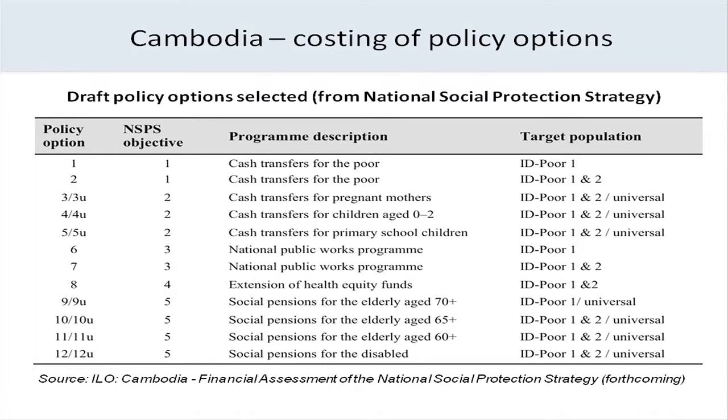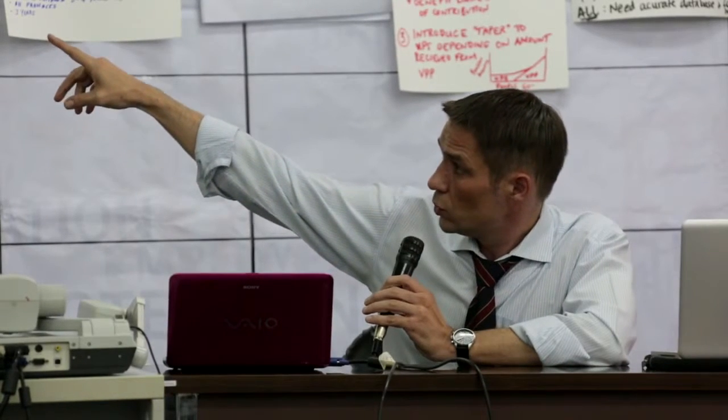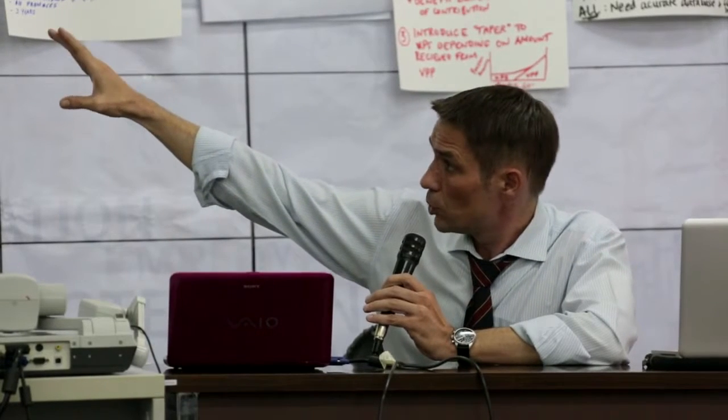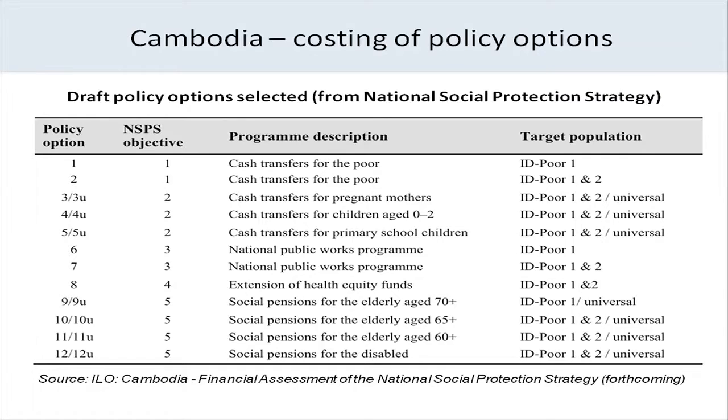Now I would like to add that this is not final, yeah? It's a draft and it's still being commented on, yeah? So the first 2 relate to cash transfers for the poor. Then we have 3 to 5 relating to maternity and children. 6, 7 relate to public works programs.